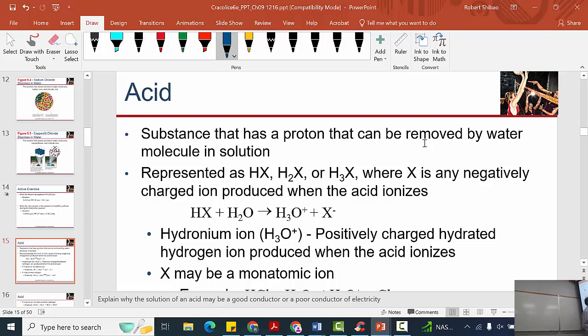The oxygen is positive because there's one more hydrogen, correct? Not the oxygen, this ion, the hydronium ion. H3O plus is the hydronium ion, and the whole thing is positive. It's not just the oxygen.